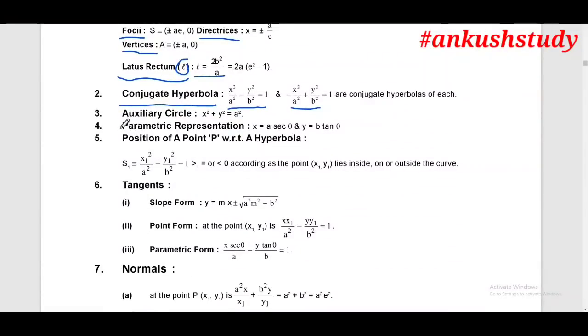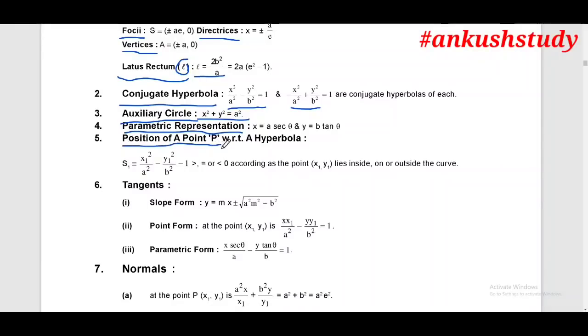Okay, and this one is the auxiliary circle: x square plus y square is equal to a square. Parametric representation: x is equal to a sec theta and y is equal to b tan theta.